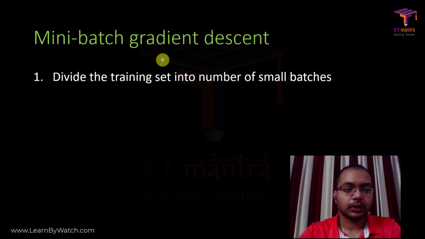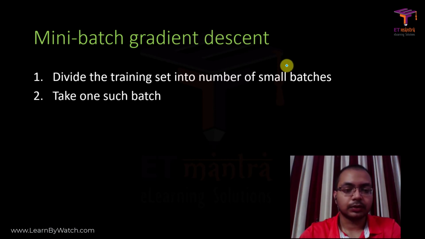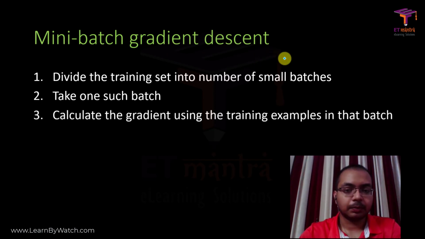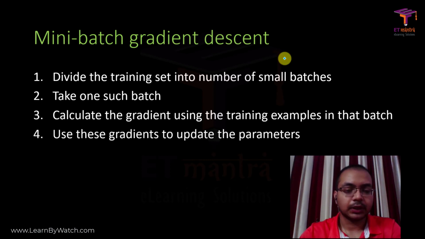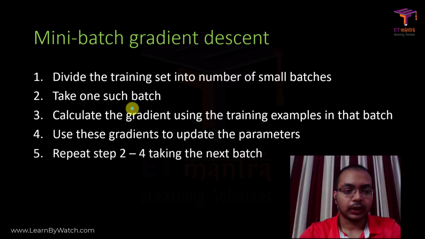So here's the algorithm. We divide the entire training dataset into a number of small batches, and we take one such batch and we perform the gradient descent on that batch, and then use the gradients to update the parameters, and then we repeat steps 2 to 4 taking the next batch.